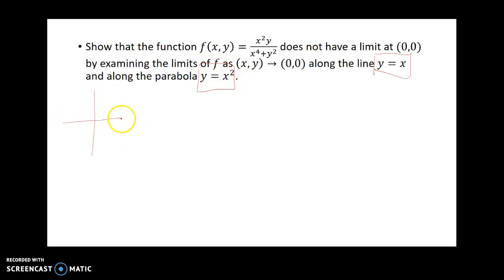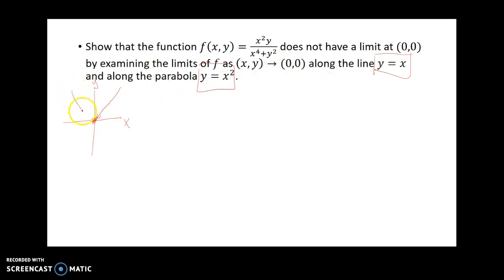That means that, again, if I imagine that this is the z-axis coming out at us, if I approach the point 0, 0 along the line y equals x, which we know is just the line with slope 1, I'm going to approach it along this line from this direction, and I'm going to get a z value. I'm going to do the same thing and approach it with the parabola y equals x squared.